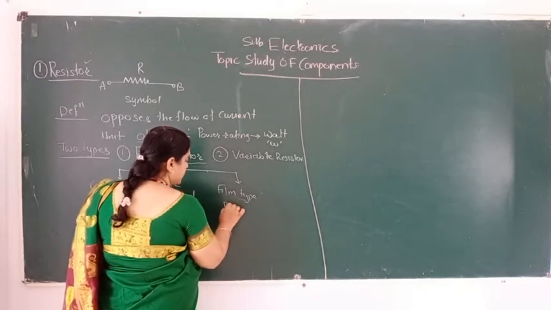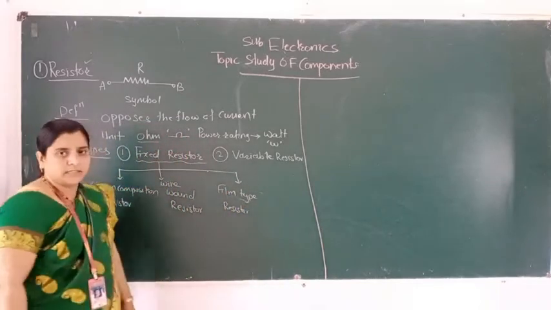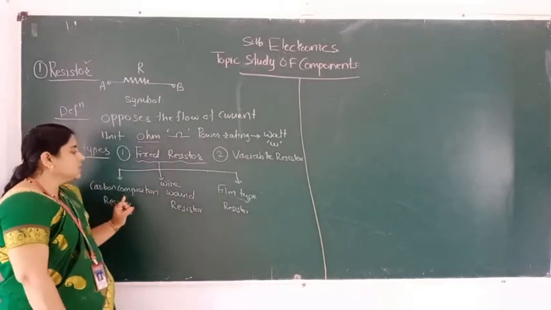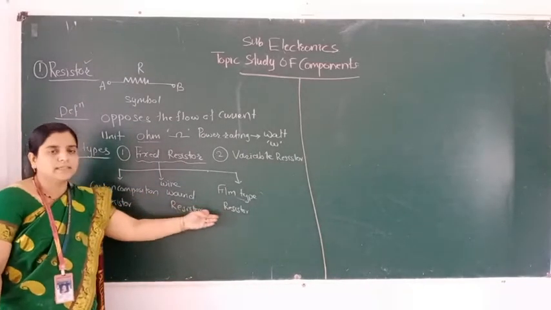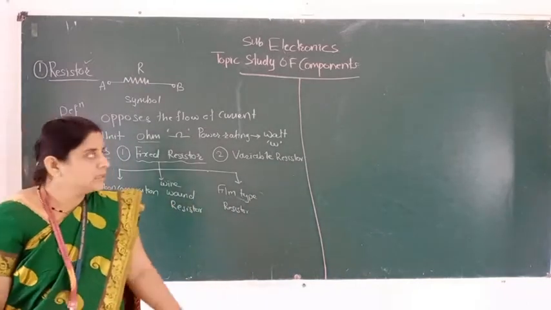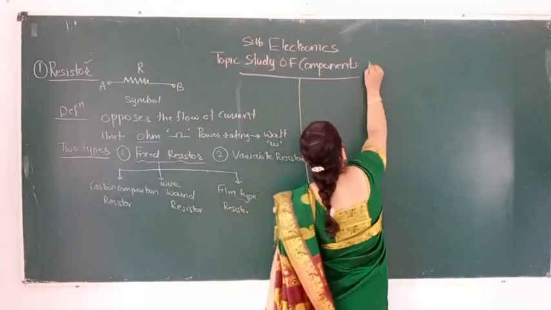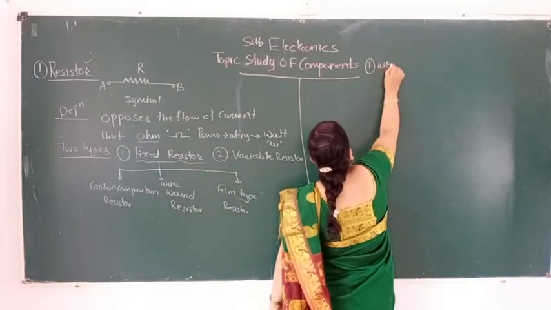In fixed resistor there are again three types: first is carbon composition resistor, second is wire wound resistor, and third is film type resistor. We will see those resistors one by one. First we are going to see the wire wound resistor.